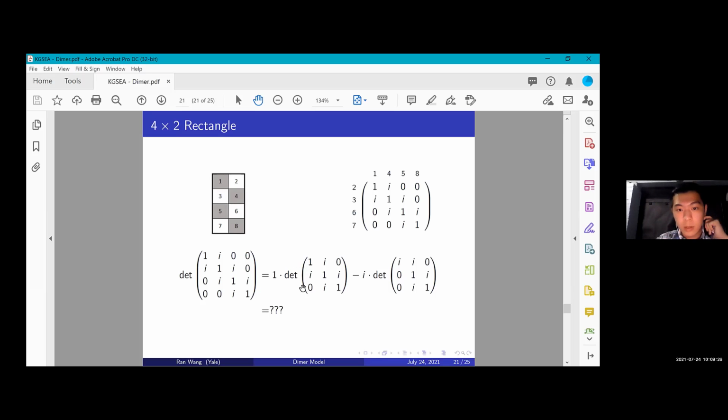Okay, so here is this one. Does anyone have any idea what the answer is? You may put it in the chat or raise your hand. A hint: this one is just the matrix we had previously.